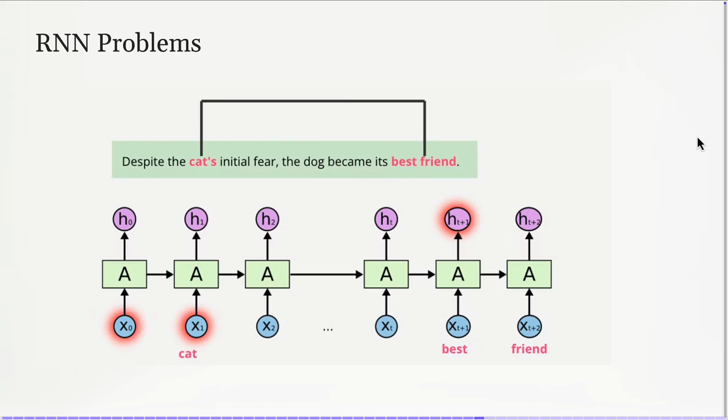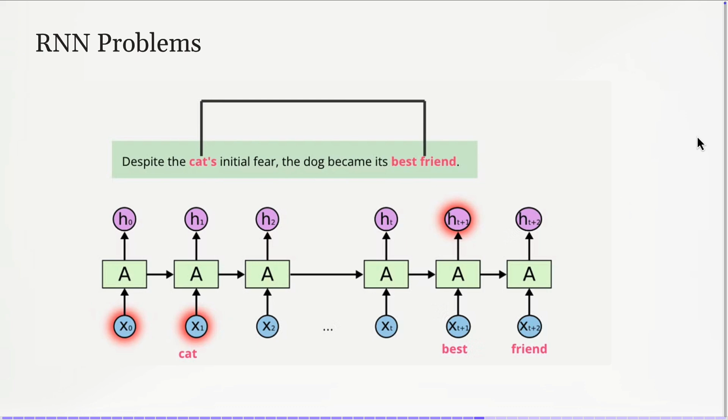Now, you remember this slide. For example, if I have a long sentence, "Despite the cat's fear, the dog becomes its best friend," this is going to go through 1, 2, 3, 4, 5, 6, 7, 8, 9, 10, 11, 12 iterations. The information that comes from the third iteration will be very small by the time we reach step 12.